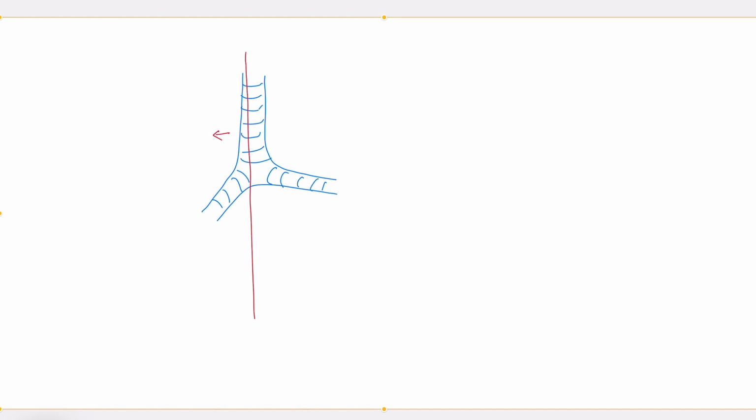And you also know that the right principal bronchus is shorter and wider, and it's more in vertical alignment with the trachea, while the left principal bronchus is more inclined towards the left side, making more of an angulation here, and it is longer and narrower as well. So this is the left principal bronchus, this is the right principal bronchus, and this is the trachea.